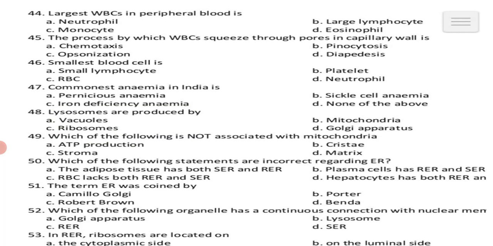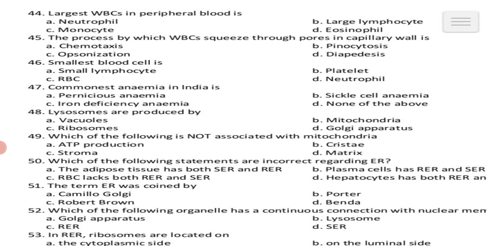It is a process by which the cell takes in fluid along with dissolved small molecules, and pinocytosis is an active transport process, an energy consuming process. So the answer for question number 45 is diapedesis.